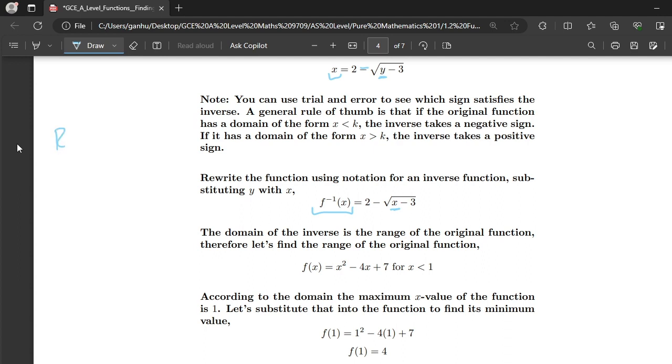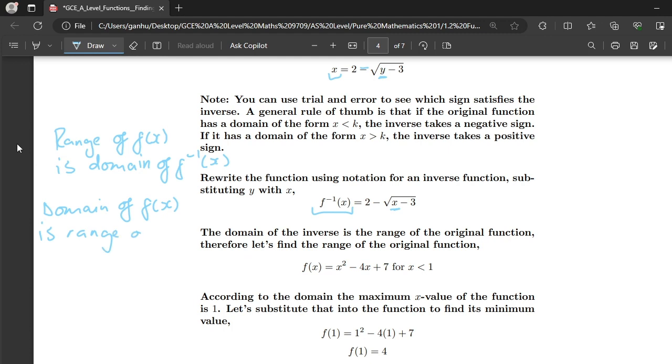So the range of f of x is the domain of f inverse of x, and the domain of f of x is the range of f inverse of x.